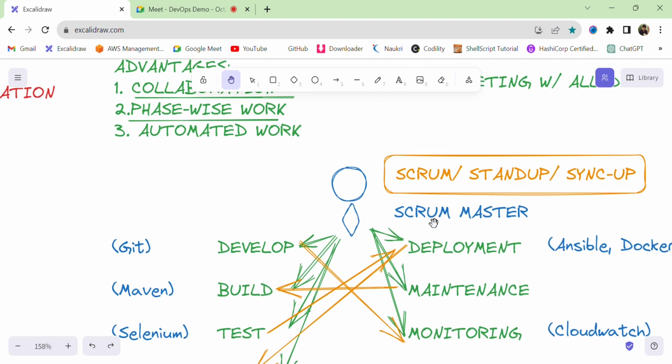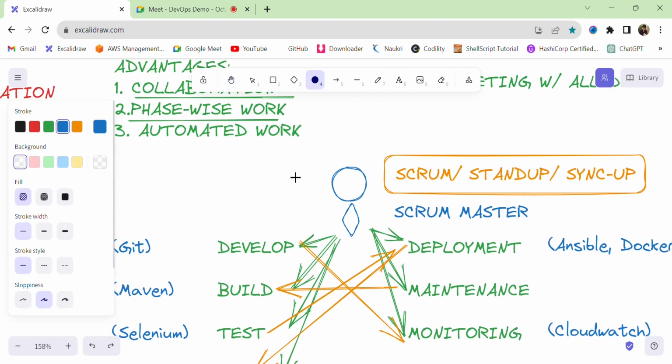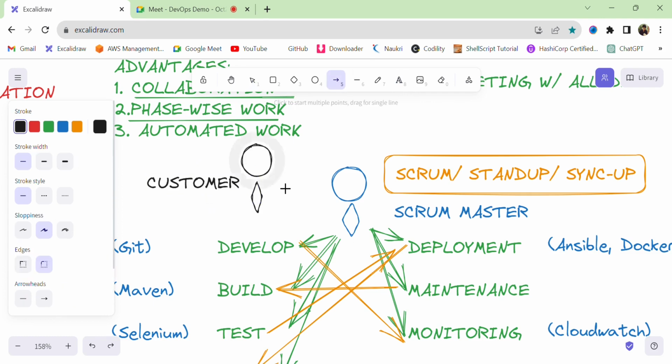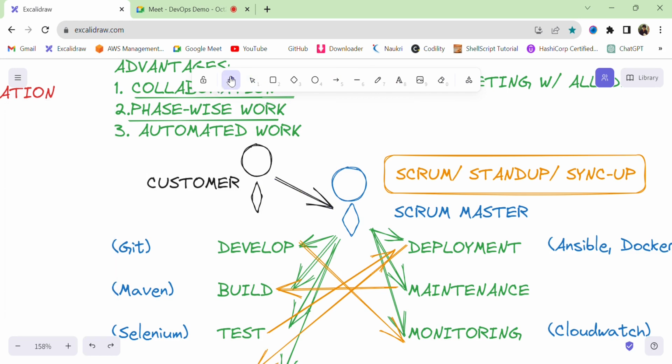Not only this: the Scrum Master did the internal collaboration, and he also told in Agile methodology that we should also collaborate with the customer. Not only were the teams taken into collaboration, even the customer was kept in the loop.